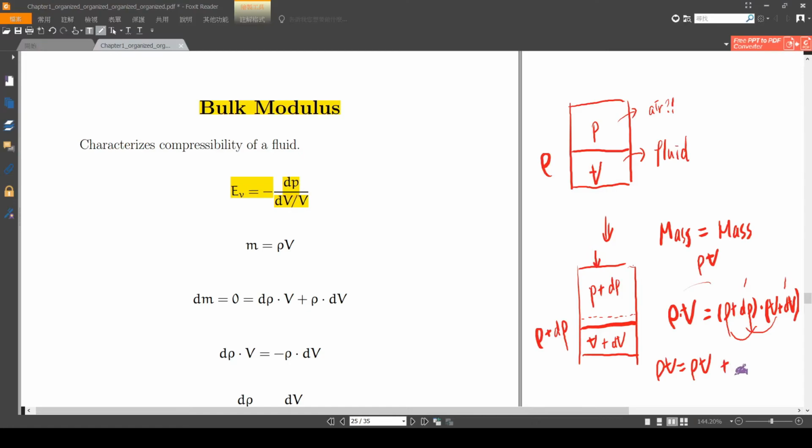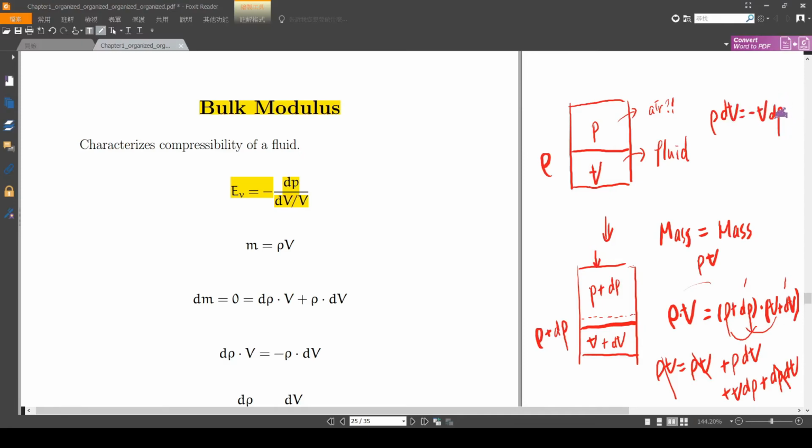So ρV plus Vρ plus ρ times ΔV. This part disappears, and then we assume that the changes are very small. The volume change will become very small in fluid, so this part is neglected, and therefore you will get the relationship that works like this.